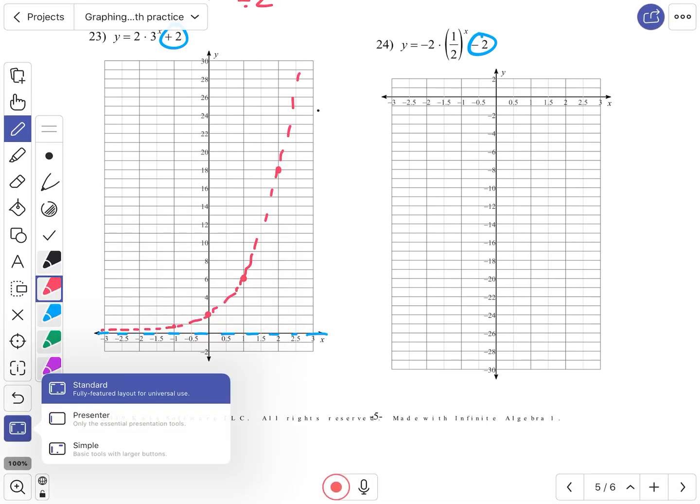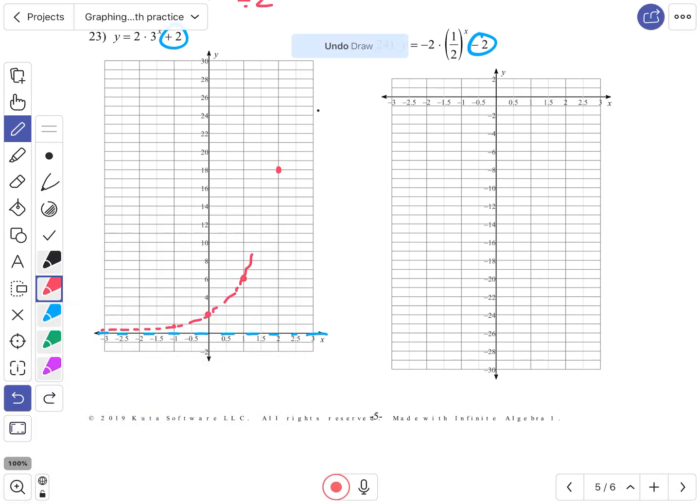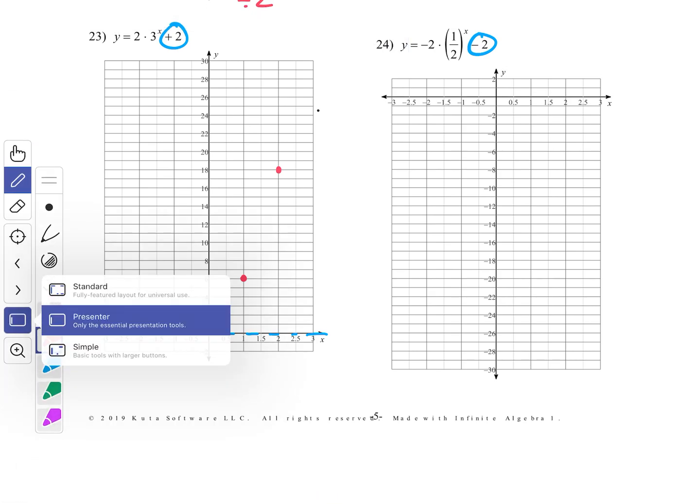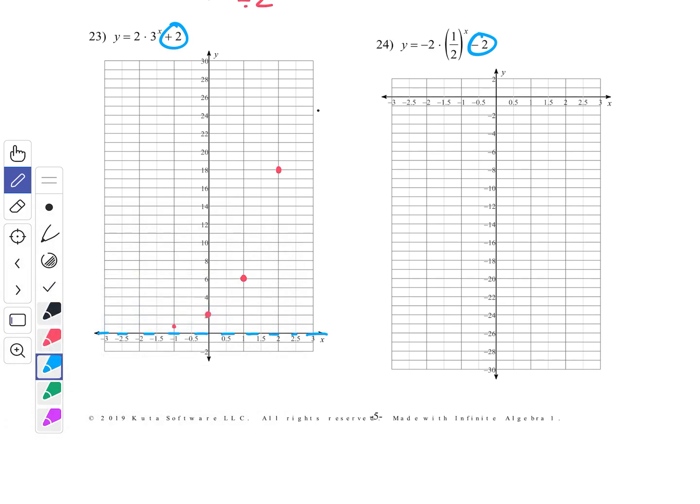However, I wouldn't graph it, so let me back up. I would just leave it like this. Then I would say, okay, now let's apply this plus 2. So plus 2 is shifting everything up by 2. My new asymptote is right here.